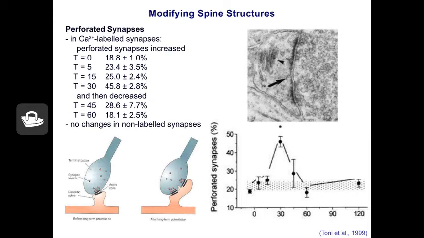So if you were a proponent of the school that proposed that perforated synapses formed a basis for the permanent changes in synaptic structure that underlie synaptic potentiation, your expectation would be that perforated synapses increase after potentiation, and that they endure, creating those permanent changes in spine structure that underlie potentiation.